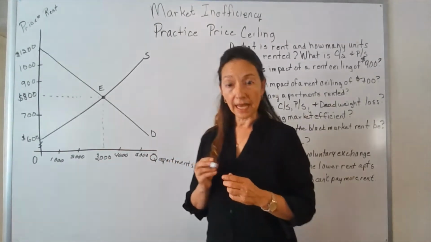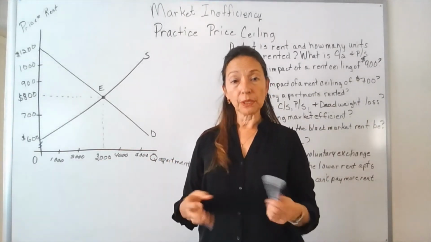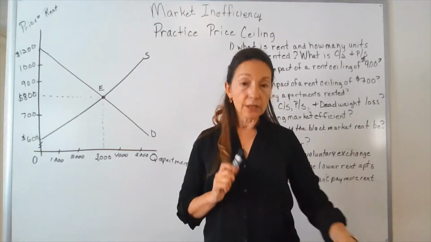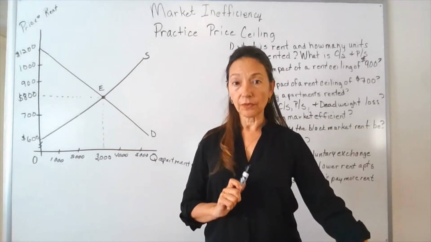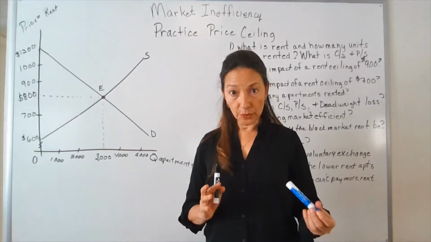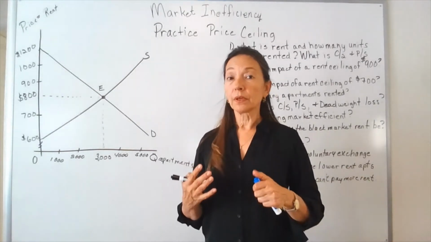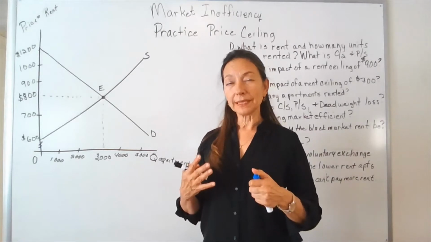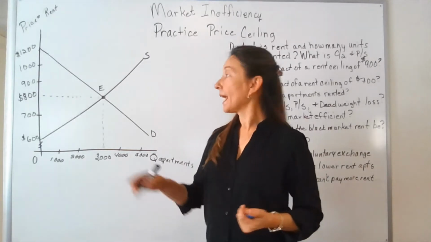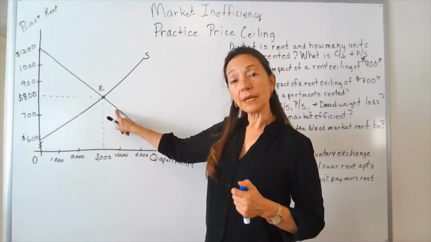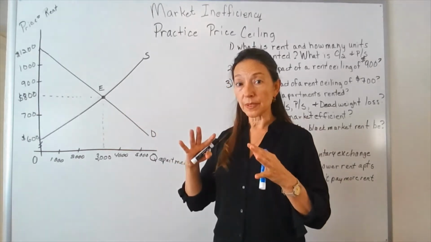The second question asks us, what is producer surplus and what is consumer surplus? So now we have to find the value of consumer surplus and producer surplus. In other words, what extra value are both renters of apartments and landlords getting at this market price that is established between buyers and sellers?